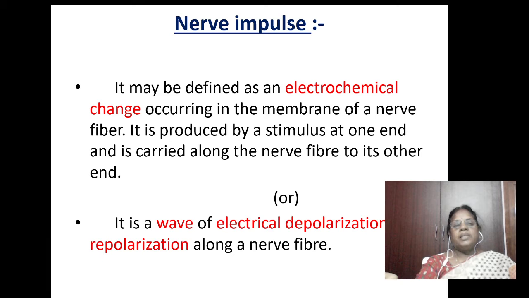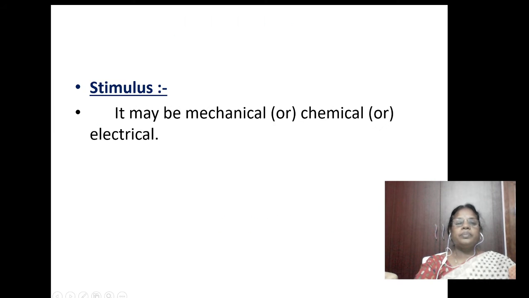Nerve impulse. It may be defined as electrical and chemical changes occurring in the membrane of a nerve fiber. It is produced by a stimulus at one end and carried along the nerve fiber to its other end. And there is one more definition: a wave of electrical depolarization and repolarization along a nerve fiber.